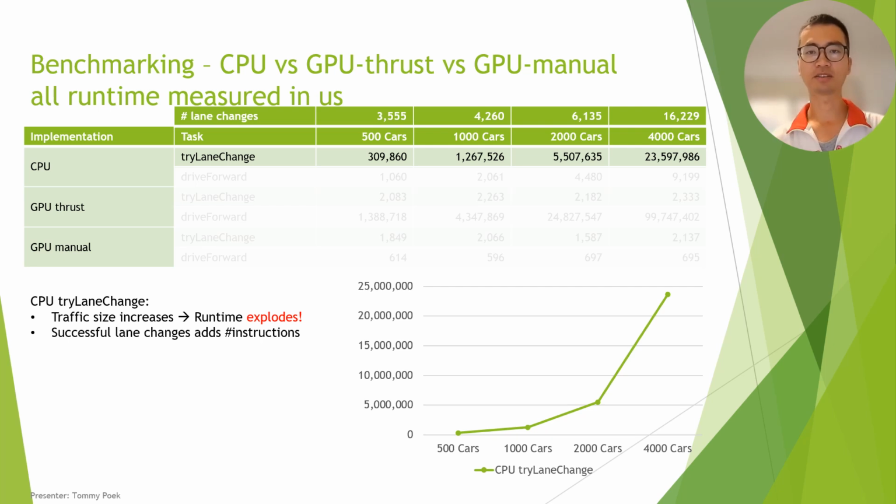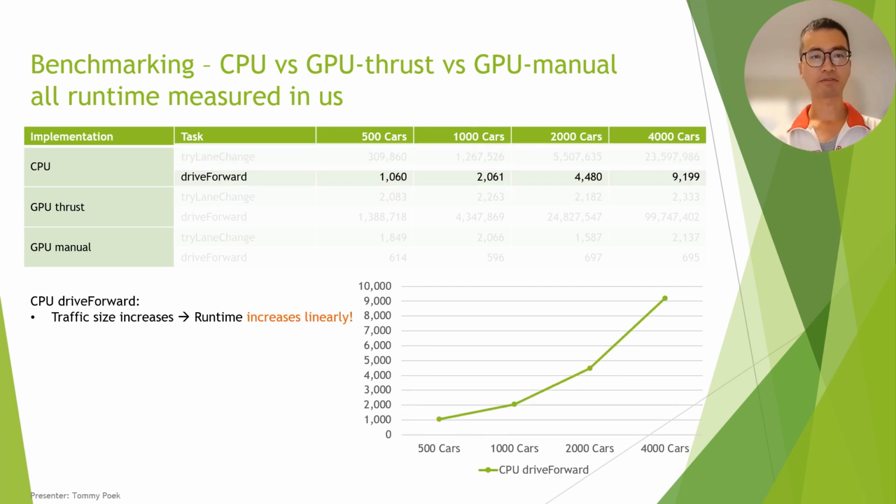With the increasing number of traffic, the chances of cars changing lane increase. And this if condition, as long as it is met, will execute a much more complex instruction of changing lane. And therefore, the runtime explosion is non-linear. That is actually explainable.